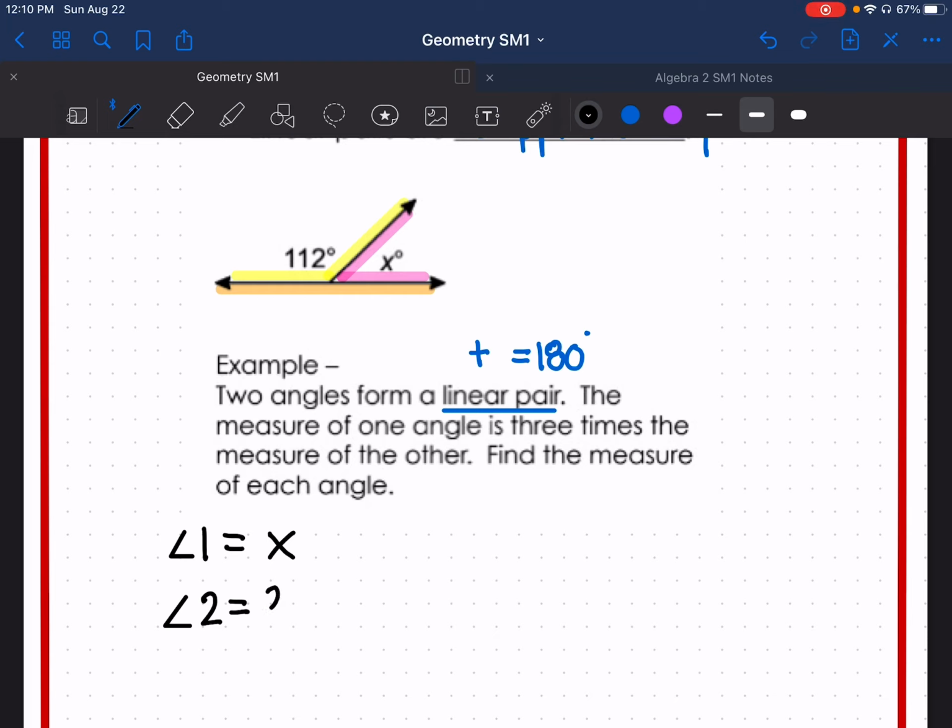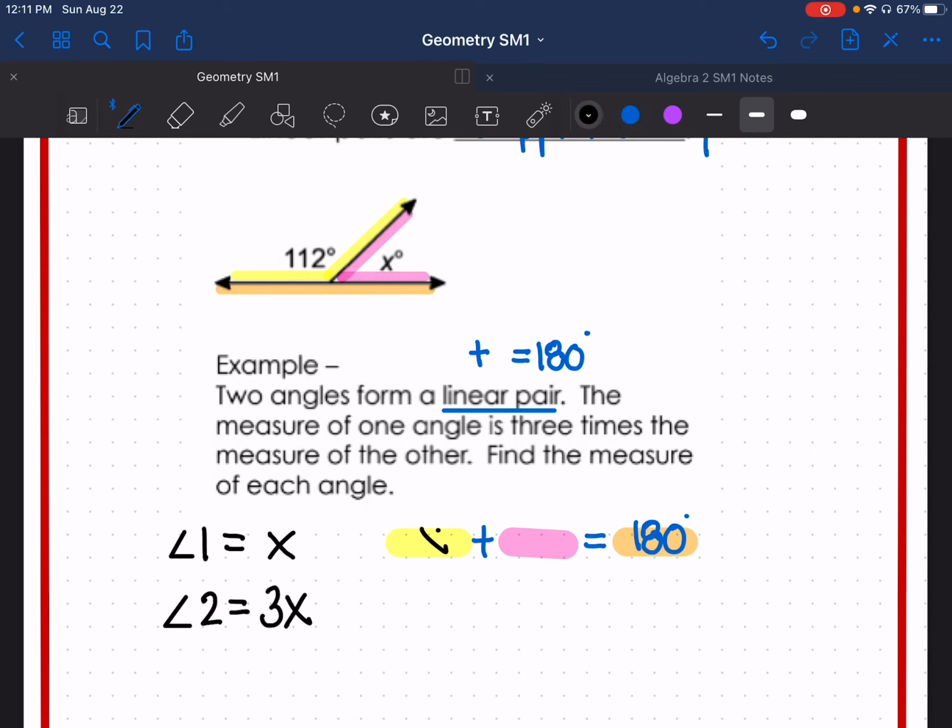So if I'm going to show 3 times, I'm going to show 3 times X. The rule says the yellow plus the pink equals the orange. So the yellow plus the pink equals 180 degrees.